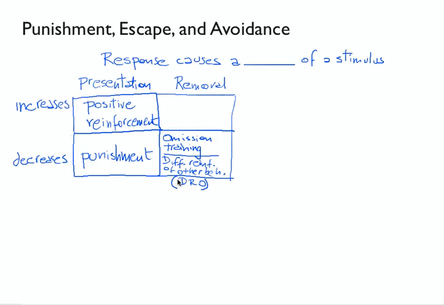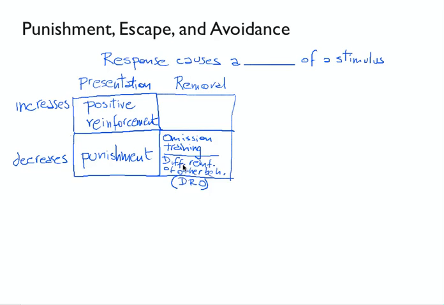They're all essentially the same: omission training, differential reinforcement of other behavior. It is the idea that the response causes the removal of something that is present, and because of that removal, the behavior decreases.